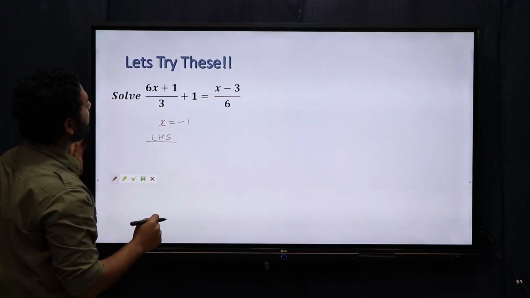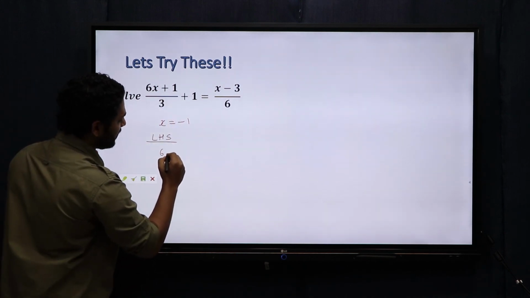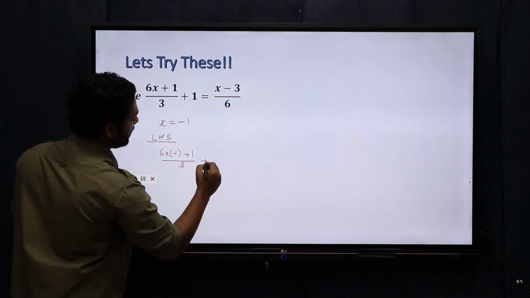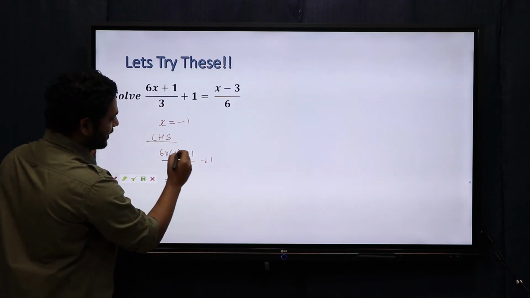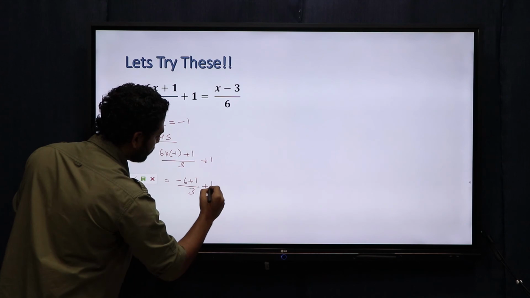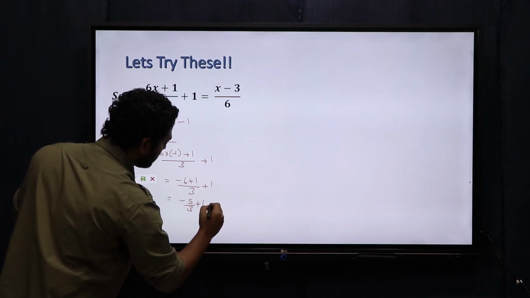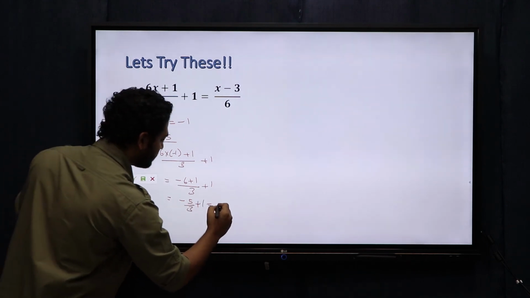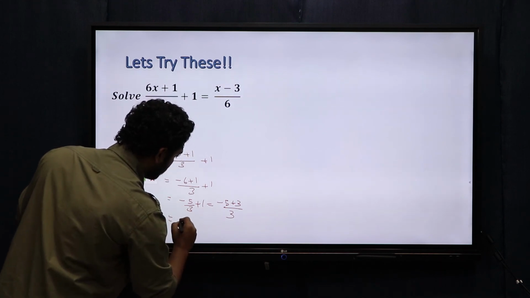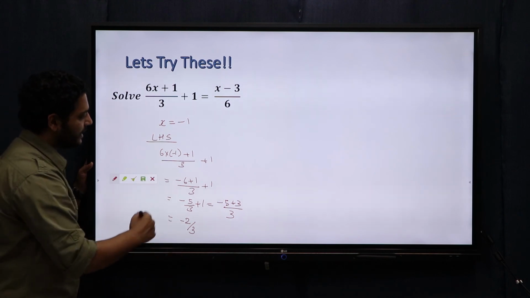What is the value on the left hand side if I substitute x equal to minus 1 in this equation? 6 into minus 1 plus 1 by 3 plus 1. 6 into minus 1 is minus 6 plus 1 by 3 plus 1, which is minus 5 by 3 plus 1, which is equal to, I take the LCM, minus 5 plus 3 by 3, which is minus 2 by 3. This is the LHS.